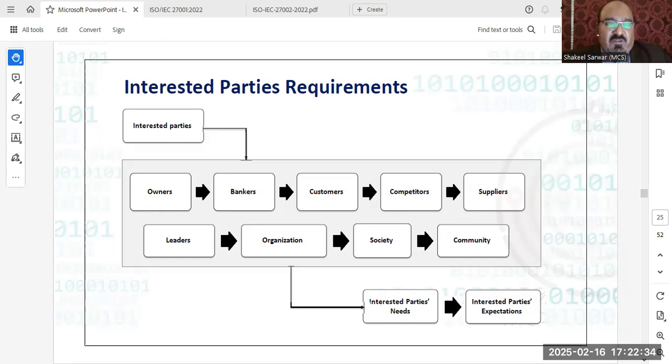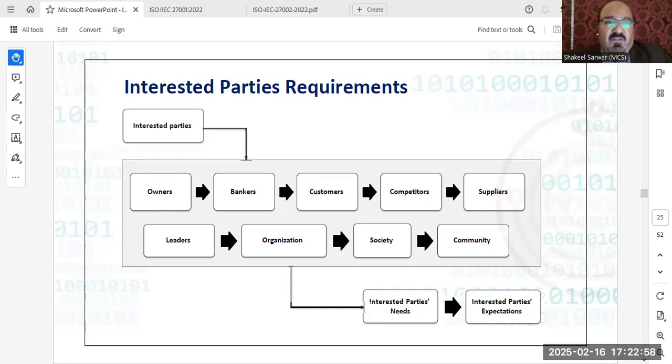Leaders and senior management: their requirements may be effective risk management to safeguard organizational assets, alignment of ISMS objectives with business strategies, and ongoing monitoring and improvement of information security practices. Impact could be that leadership commitment ensures ISMS success and boosts organizational resilience.